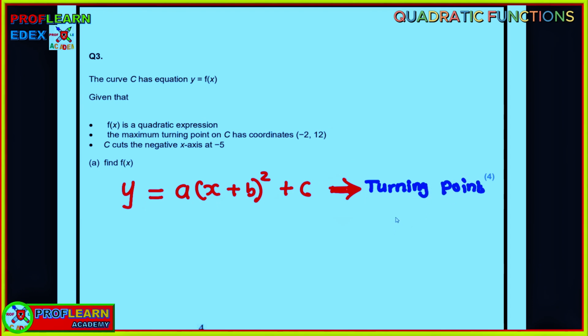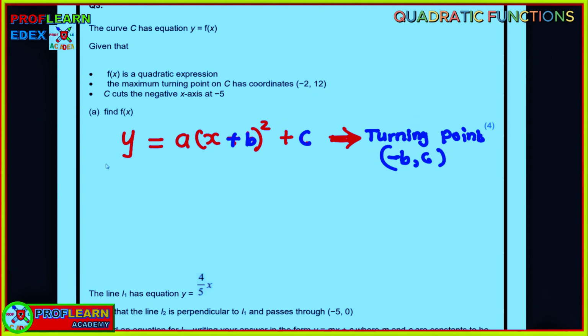It was stated as -b, c. That was the turning point. You pick the opposite sign of this, and then you pick the y coordinate of that turning point.